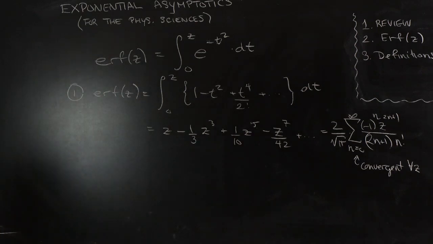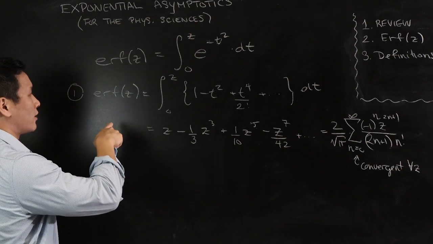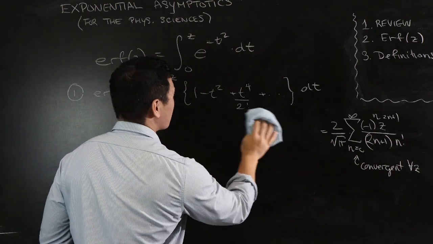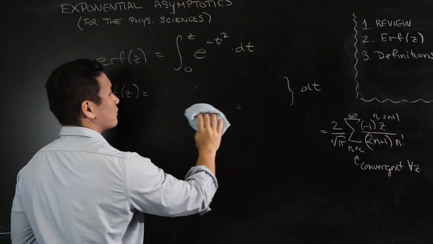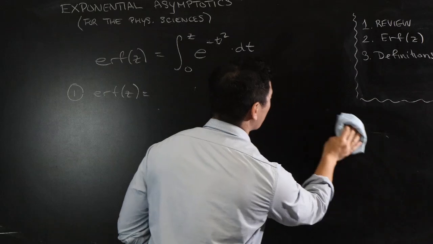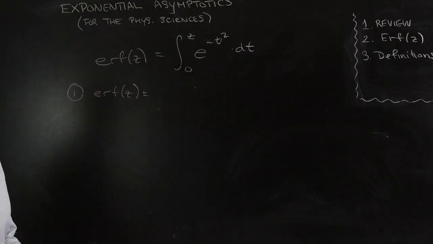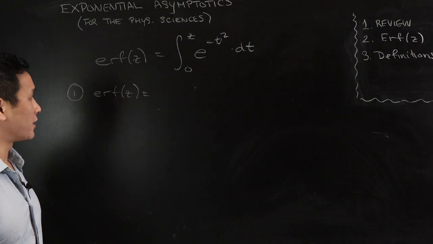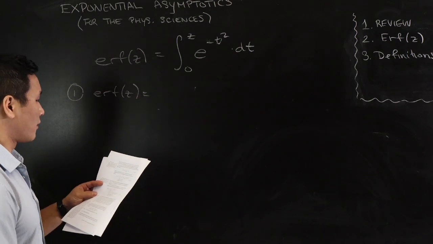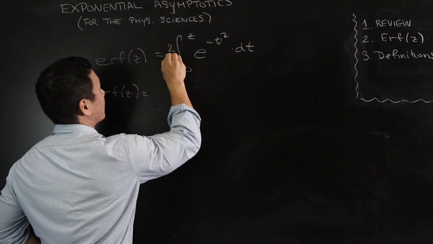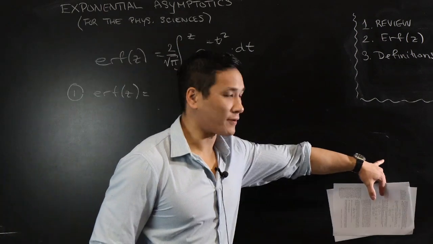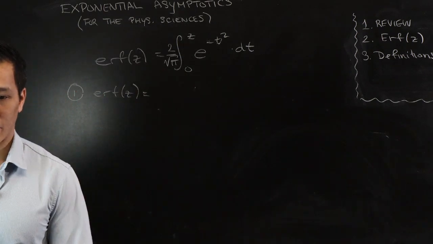So let's now do a different representation for this function. The trick is that you know the value at infinity is just a finite number. By the way, I'm missing a factor of 2 over root pi, which I forgot to write down earlier.